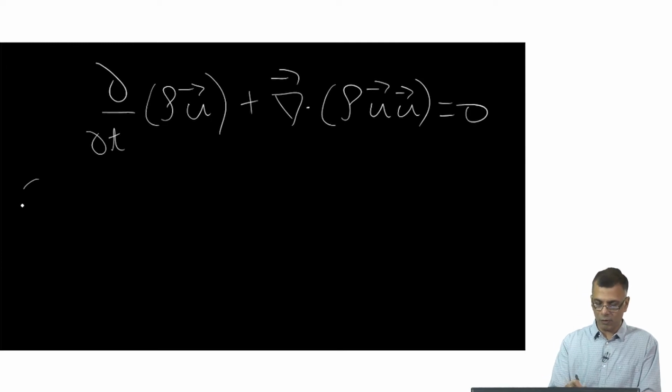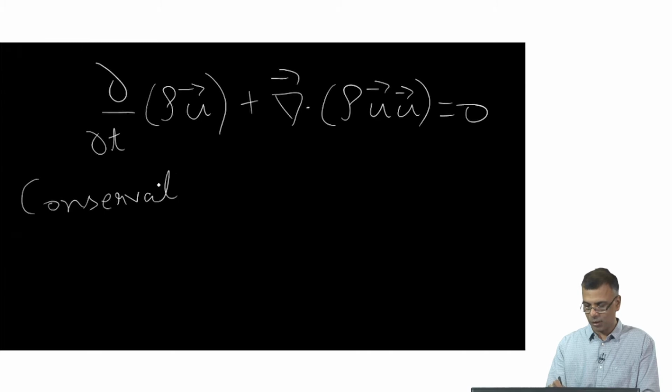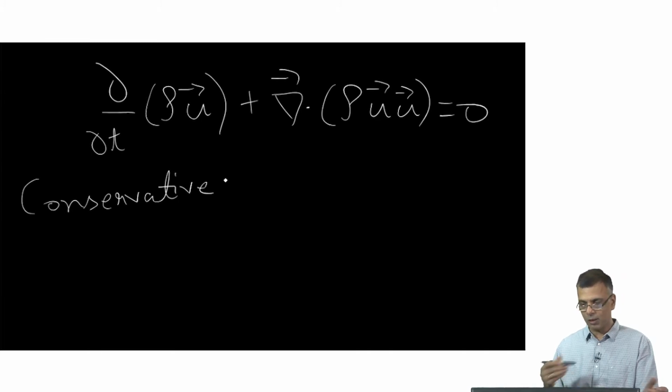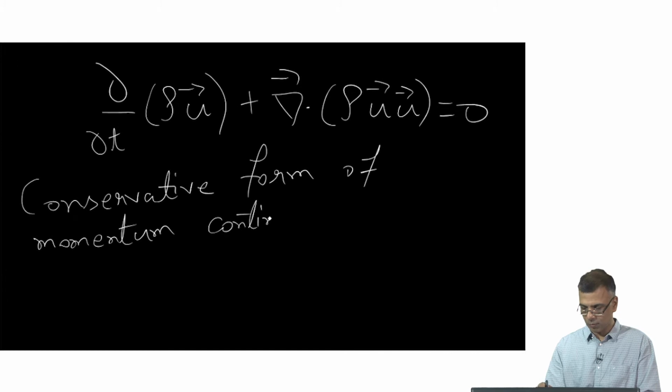This is the conservative form because this is a momentum and this is the flux of momentum. This is the advantage of writing down the conservative form of the momentum continuity equation.